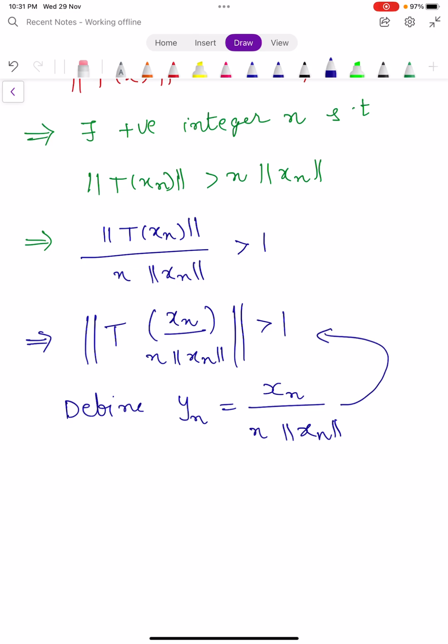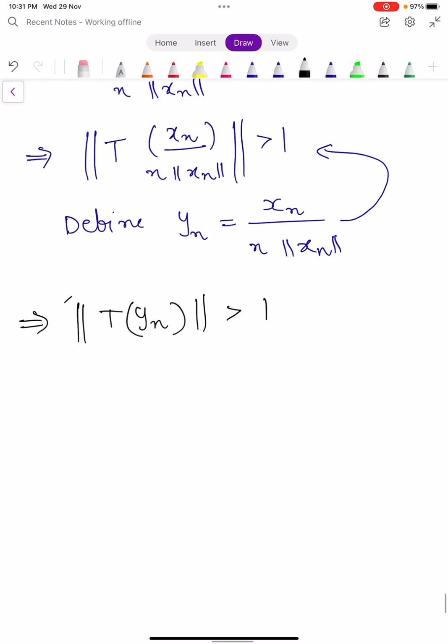By applying this inequality here, you get norm T of yn is greater than 1.